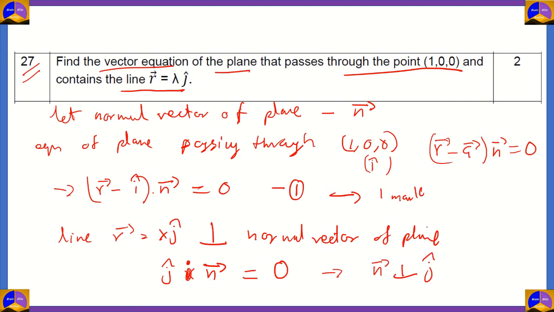Now what we are going to do is, we also know that the plane contains the point (1, 0, 0), and since the point (0, 0, 0) is also coplanar with (1, 0, 0), the plane also contains the point (0, 0, 0).